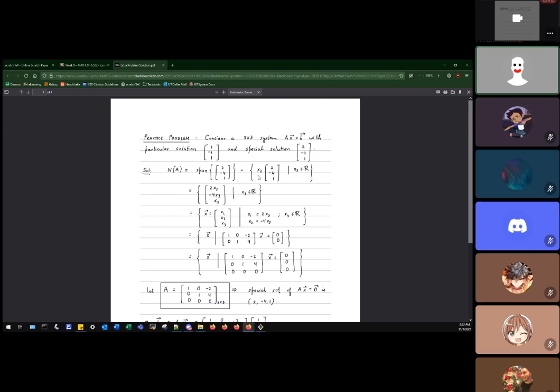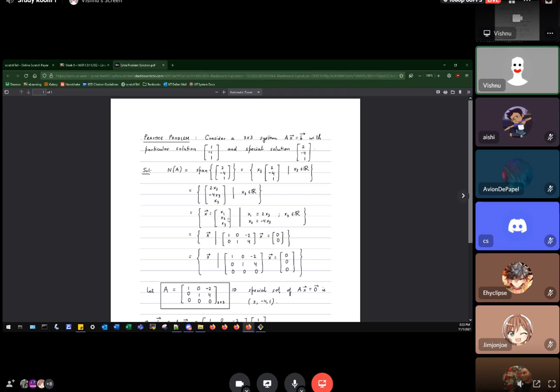We converted from a span to a set of all linear combinations of this vector, and then we substitute the variable inside the vector using the scalar multiplication, and then we generalize and write the other variables in terms of this free variable by saying x1 equals 2x3, x2 equals negative 4x3, and so on.